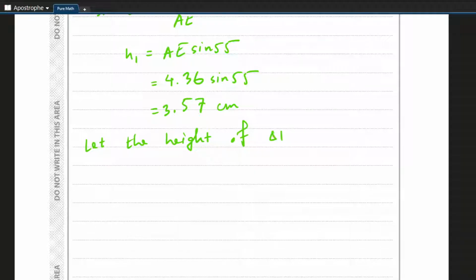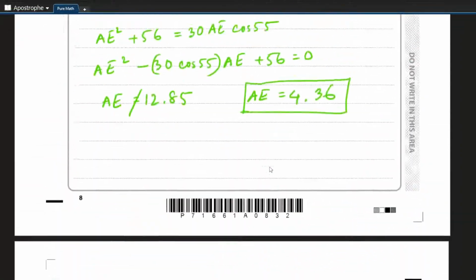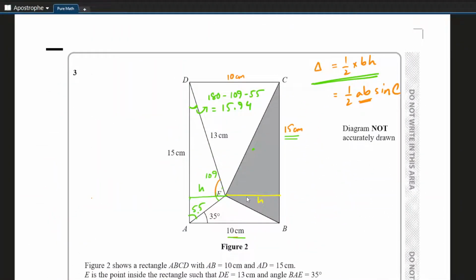Triangle BCE. Okay, let's change the color according to our diagram. So this right here is H2 and this is H1.